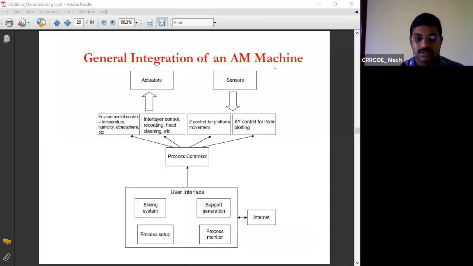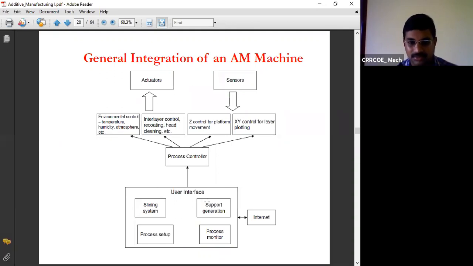See, this is the additive manufacturing integration. Here, actuators. The additive manufacturing machine has these particular components: actuators and sensors. How are the actuators going to function, what are they going to perform? The actuator is going to perform environmental control: temperature, humidity, atmosphere, etc. Here, process control.